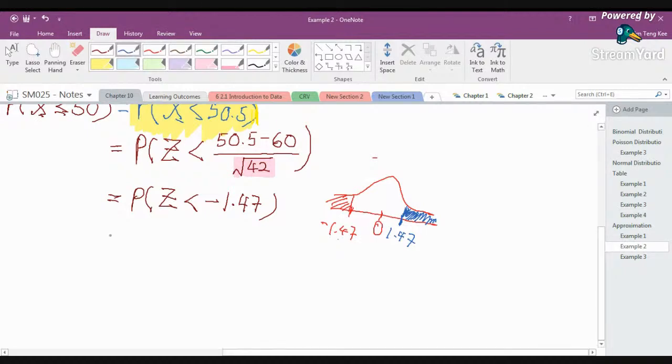So the region in blue is Z greater than 1.47. Again, having the equal sign or not doesn't matter in this case, because the statistical table applies for both, with or without equal sign, because it is a continuous case. So from the statistical table, Z greater than 1.47, we have 0.0708.